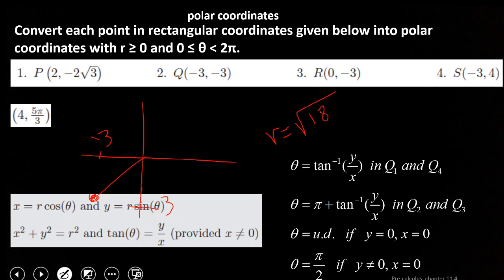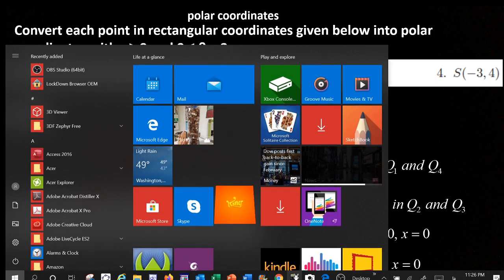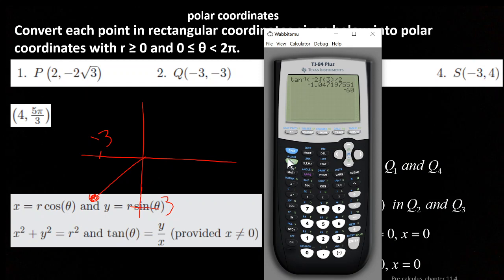Now, we have to go tangent inverse of what? Negative 3 over negative 3 is 1. What's tangent inverse of 1? 45 degrees. But notice the calculator gave us this angle, and that's not what we want.